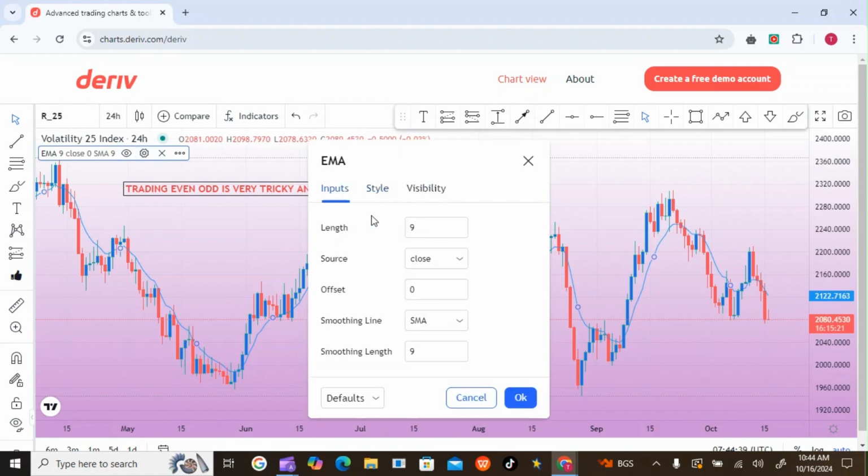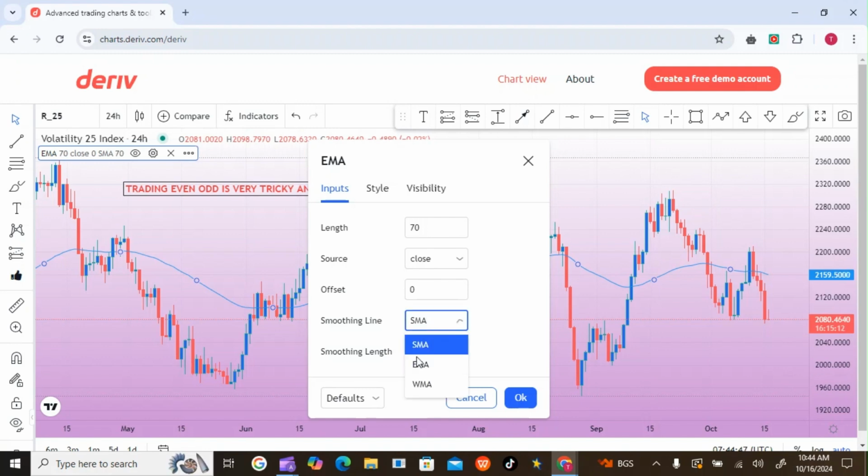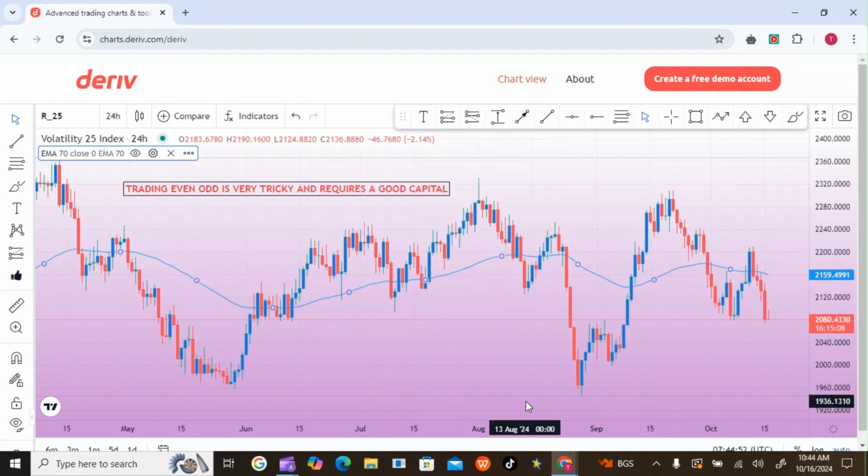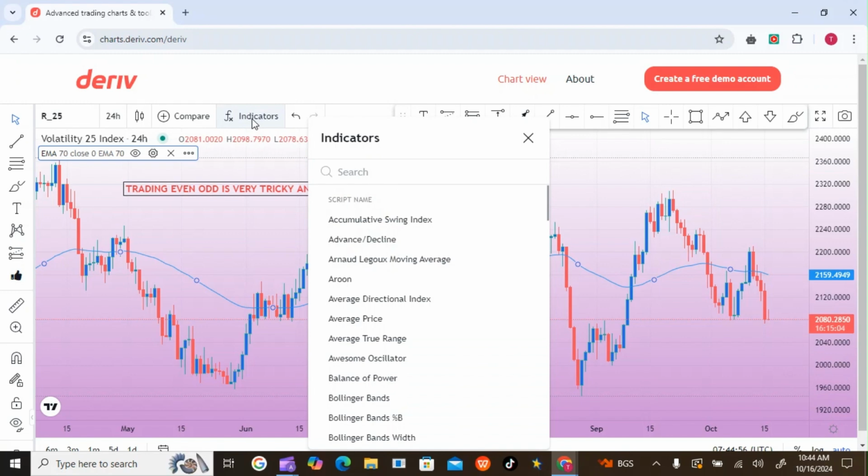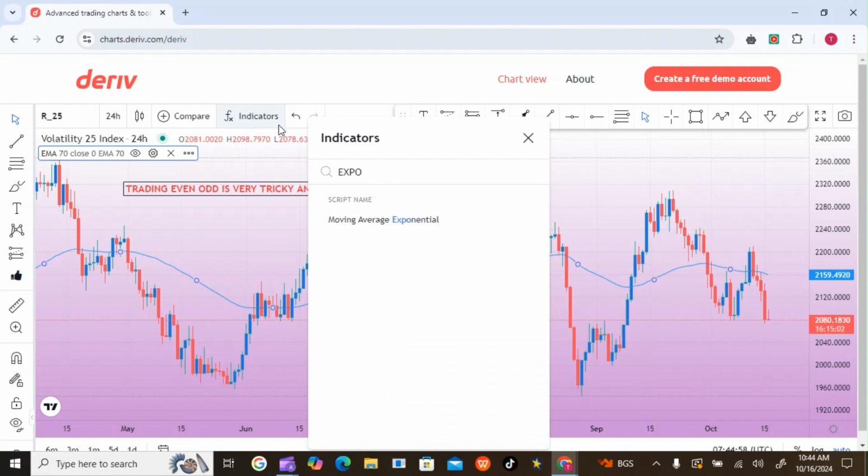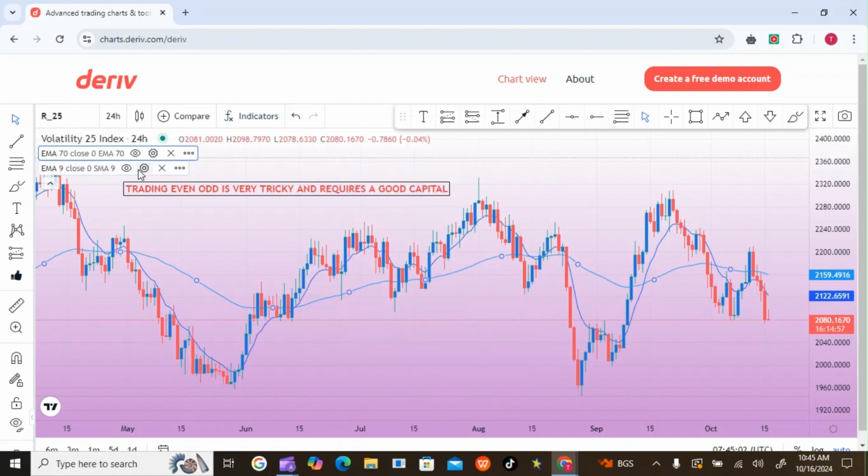For the inputs, we will start with the 70 length, and then the 70 again below, and for the smoothing line change it to EMA. That's the first indicator, and then return back and put another exponential moving average.